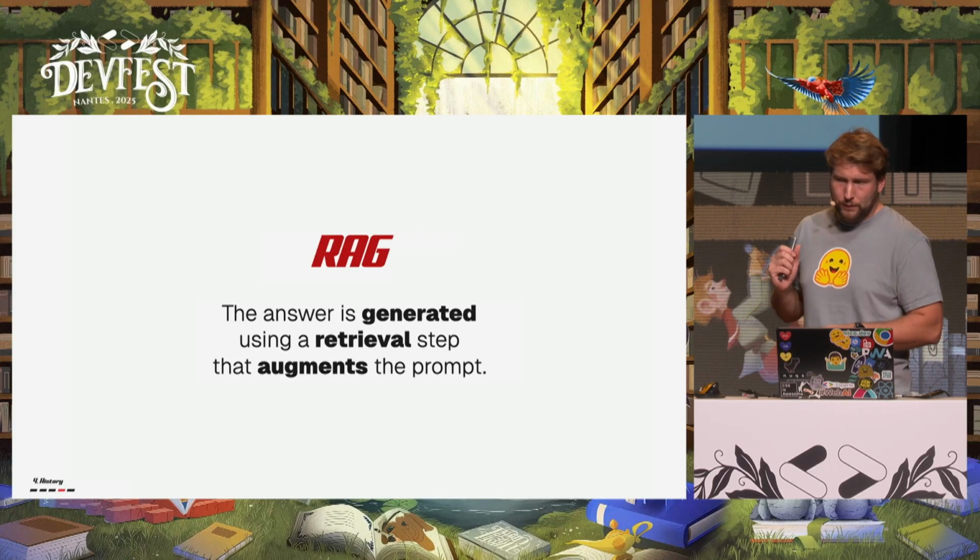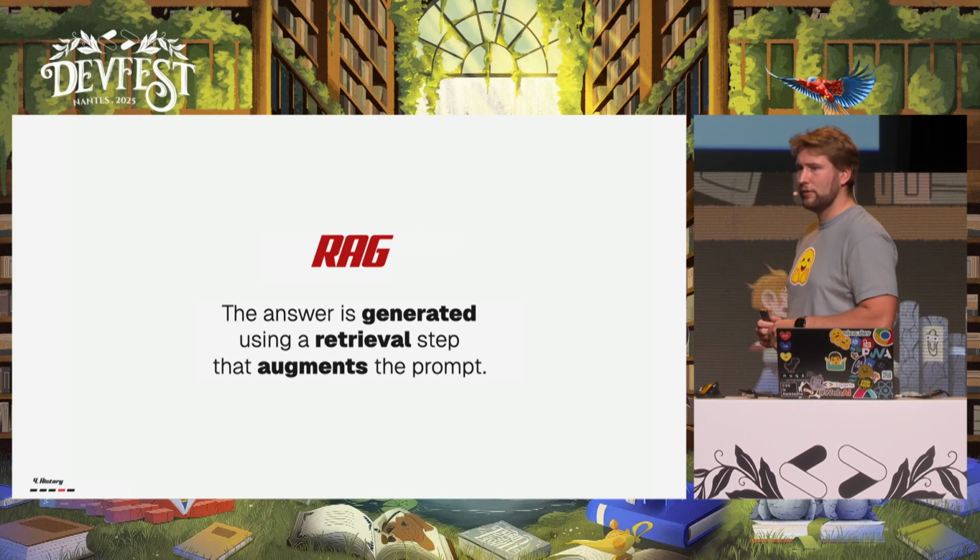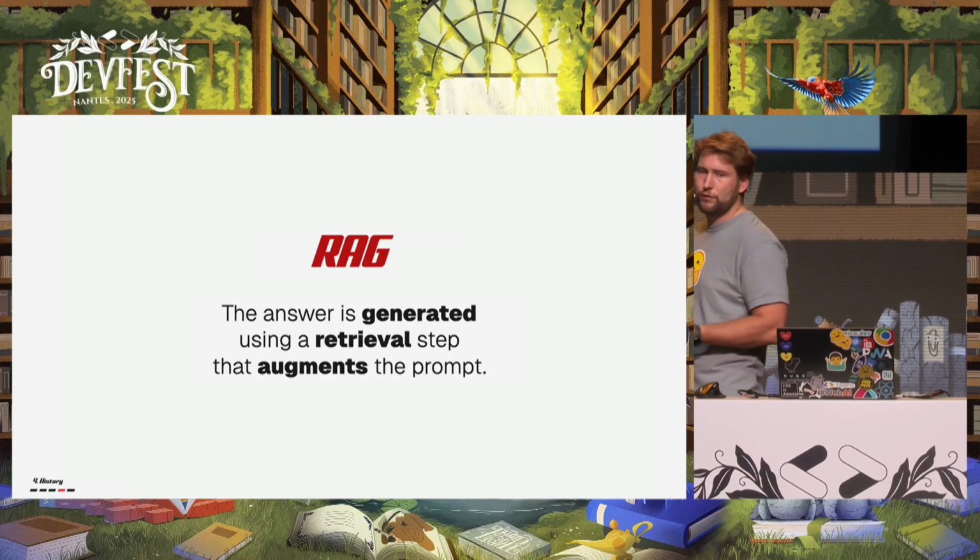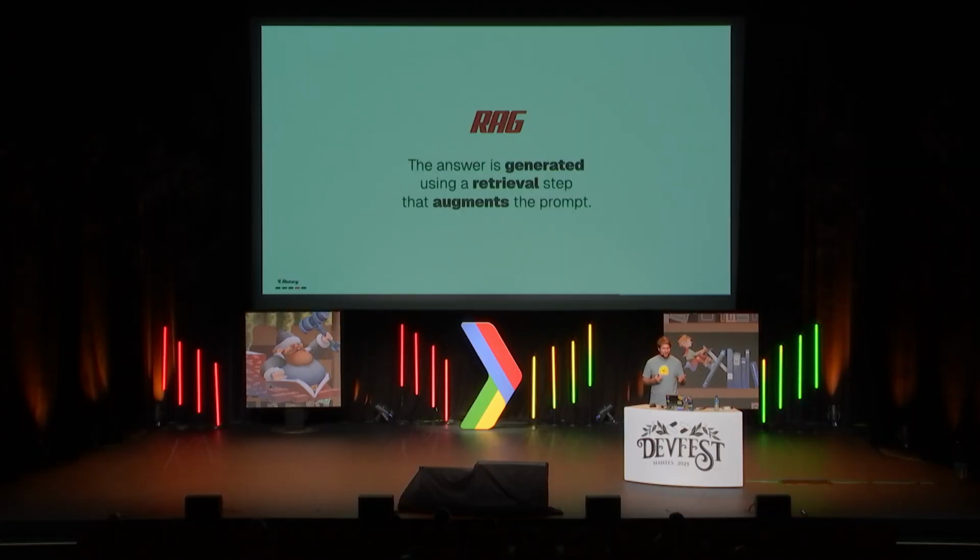OK. The thing we just created is called RAG, which stands for Retrieval-Augmented Generation. And the idea is that we have a question, but before it goes to the LLM, it will retrieve more context. It will augment the prompt with more context, and then it will generate the answer based on the question with all the context that it just retrieved.